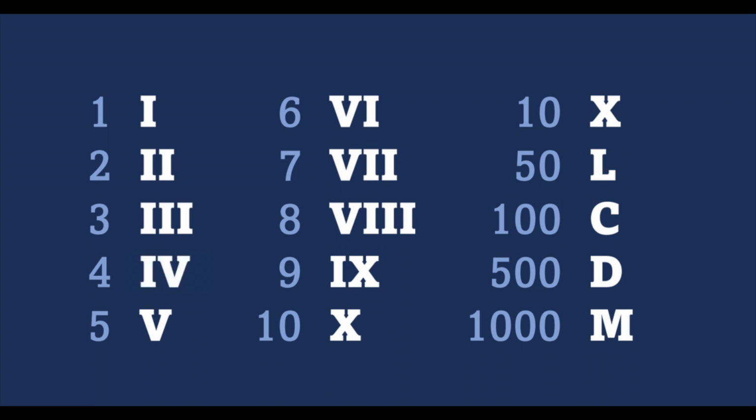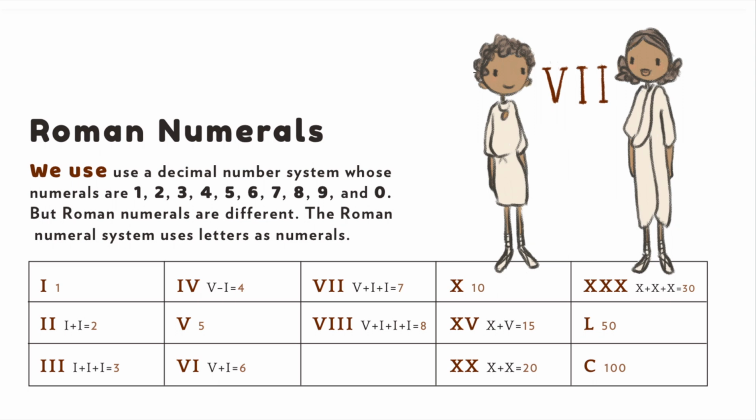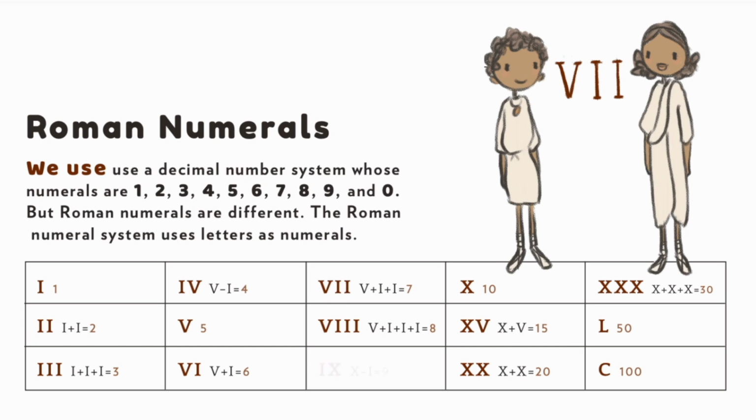But the number 4 is written as IV and can be thought of as 1 before 5. Apply what you learned about the number 4 to write the number 9 in Roman numerals. Do you notice that the Roman numeral 9 is 1 before 10?